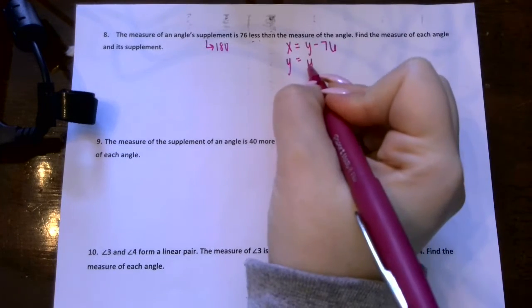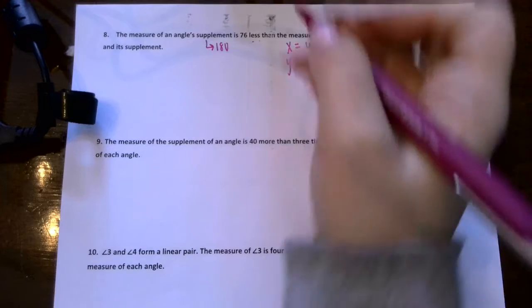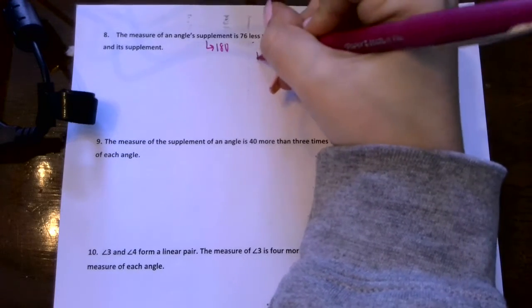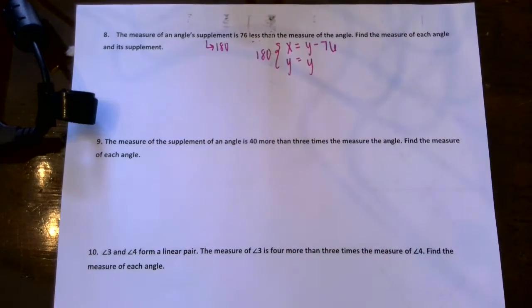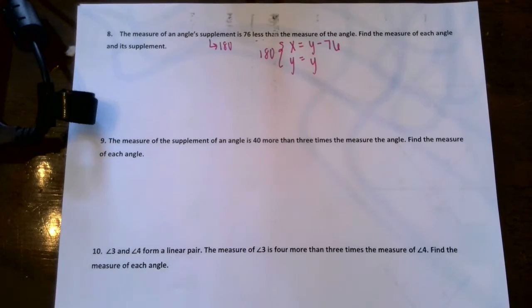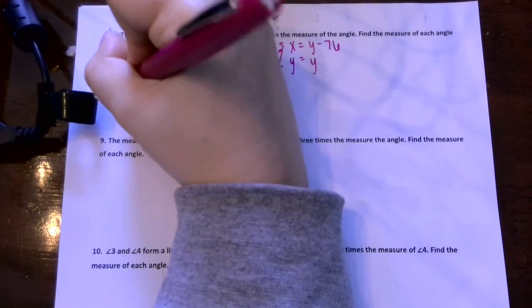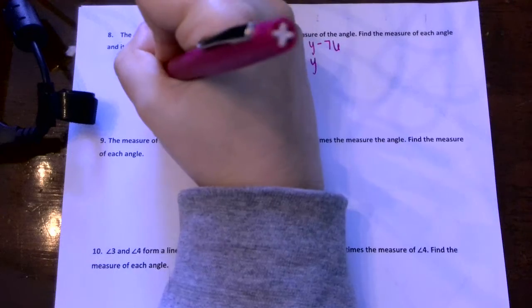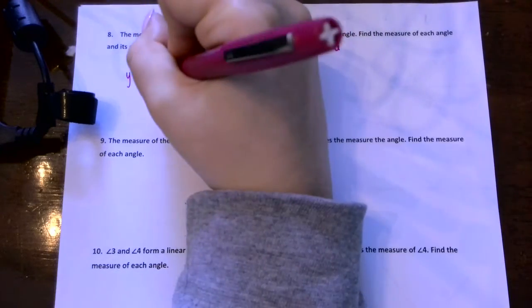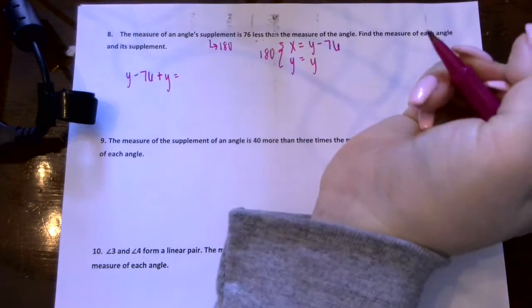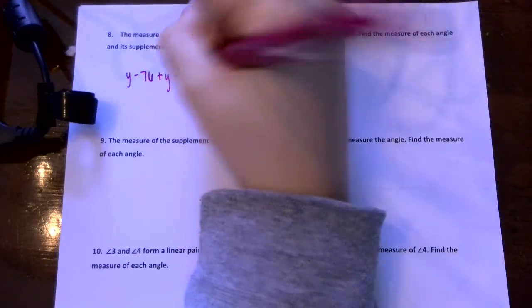And then again, my second angle I don't know anything about. These together have to be 180 because they are supplementary angles. So I'm going to take my Y minus 76, that's my first angle, plus the second one I don't know anything about, and set equal to 180.